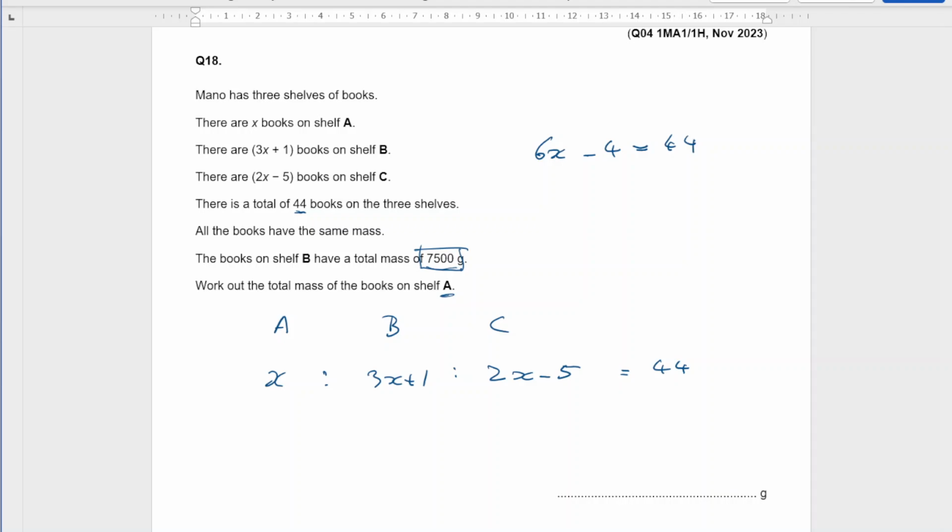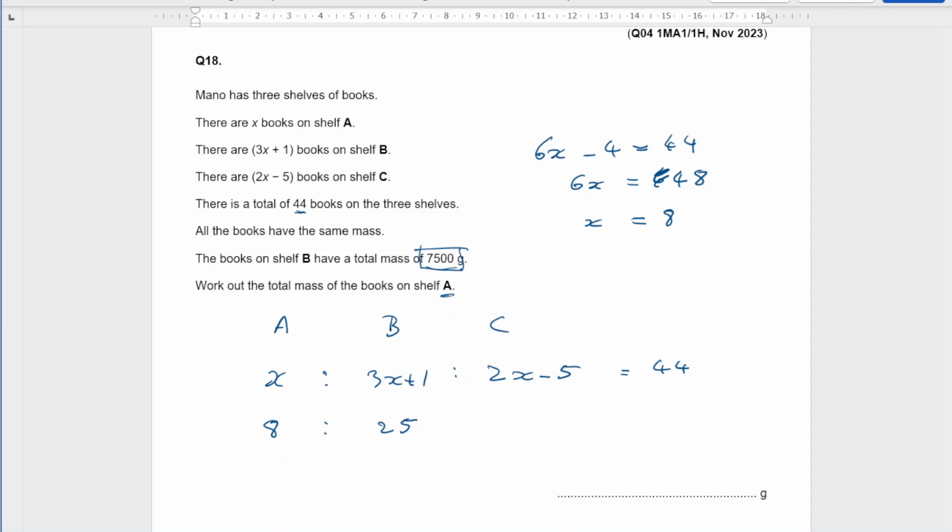So add 4 to both sides, so 6x is going to be equal to 48. So x is going to be equal to 8, meaning that I have got 8. 3 times 8 is 24, plus 1 is 25.